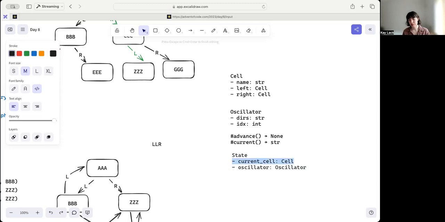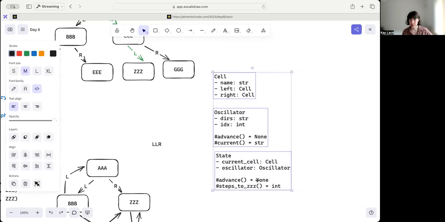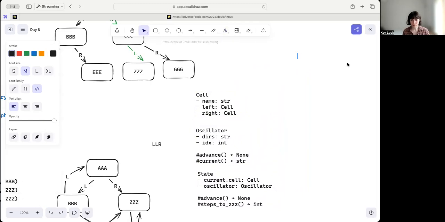And then we can have an advance, and in theory the algorithm there is going to be, how are we going to find AAA?